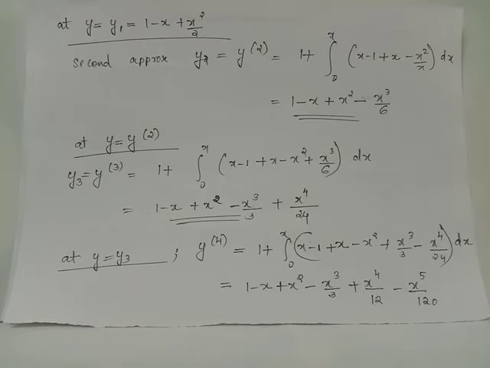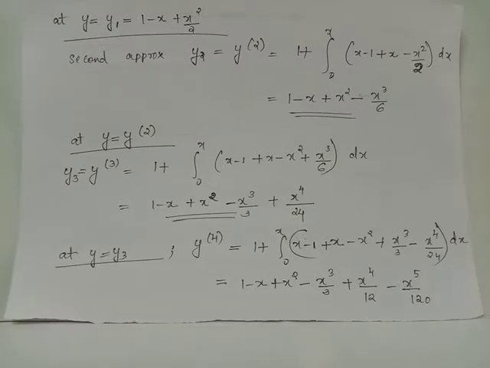We have x - y1 becomes x - 1 + x - x²/2, giving y1 = 1 - x + x²/2. Thus, y2 = 1 + integral from 0 to x of (-1 + x - x²/2) dx. After usual integration, we get the second approximation y2 = 1 - x + x² - x³/6.